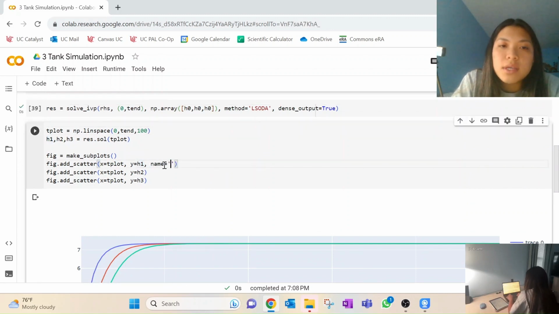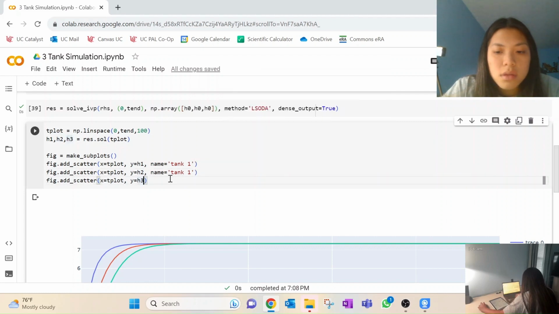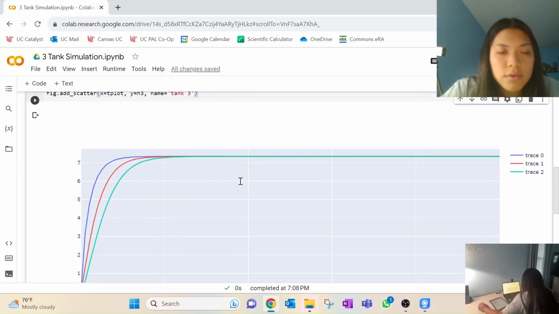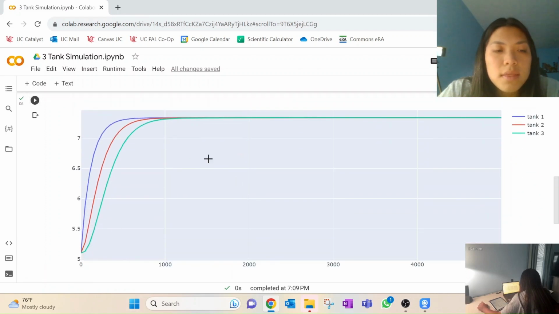So we can name this tank 1, and we'll just name all of the lines so we can read the plot a little easier. Tank 2, tank 3, and if we shift enter, that gives us our plot.